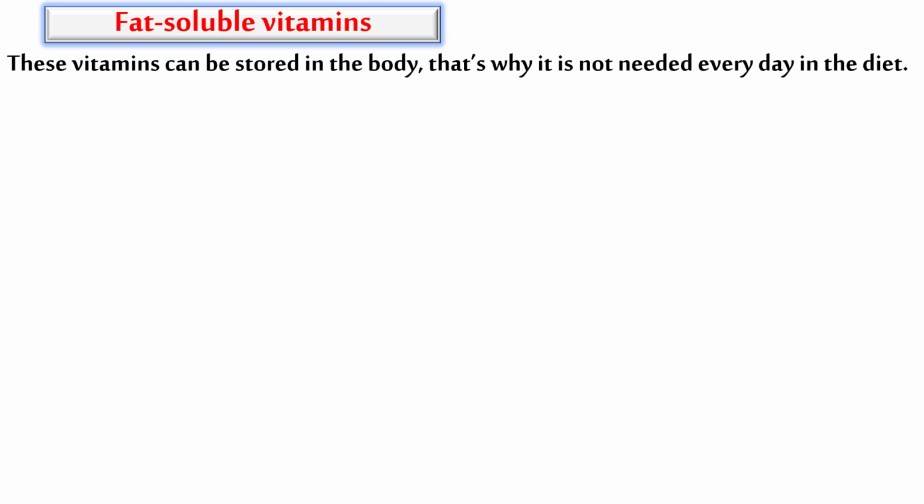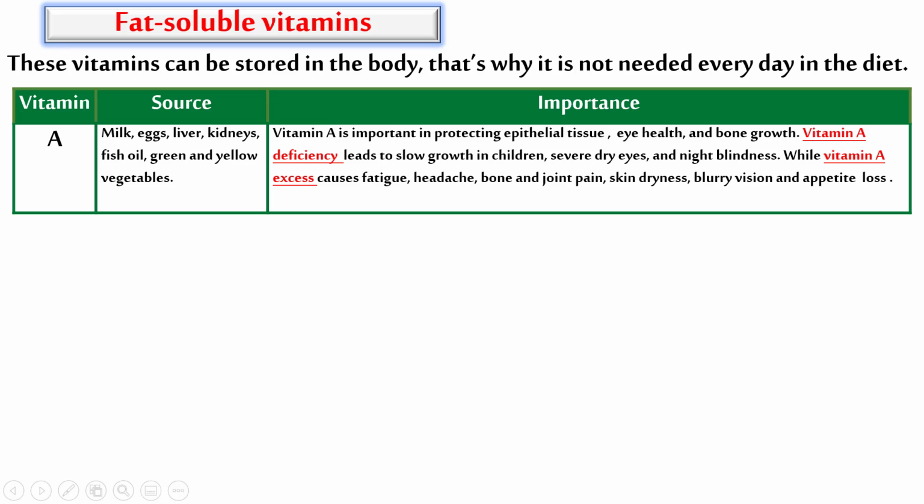An example of these vitamins are vitamin A, which can be obtained from milk, eggs, liver, kidneys, fish oil, green and yellow vegetables.